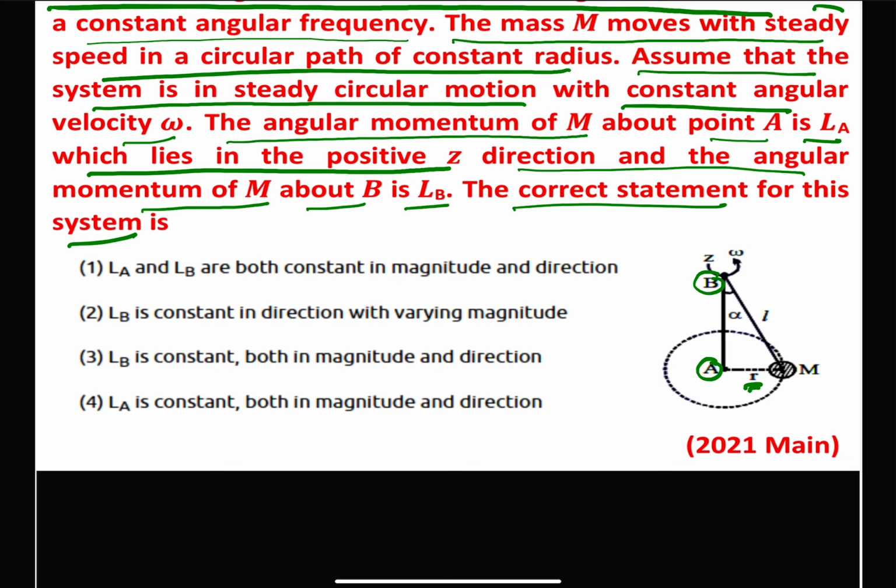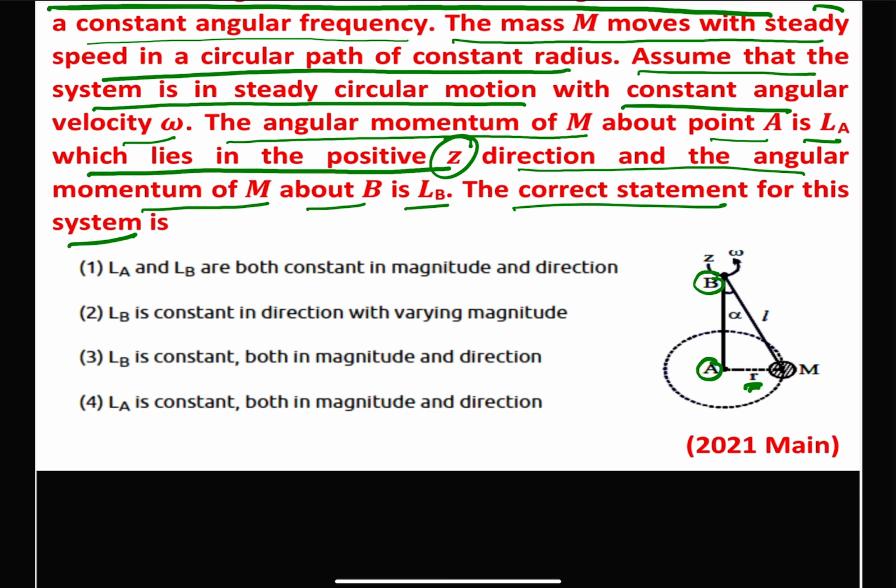So we are given that our vertical axis is the z direction, and so we can assume that the circle is a representation of basically the xy plane.